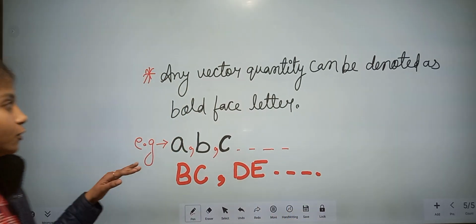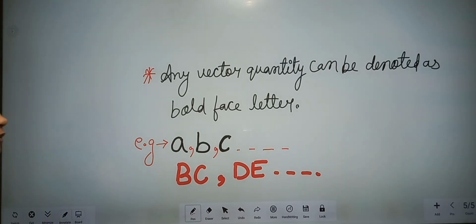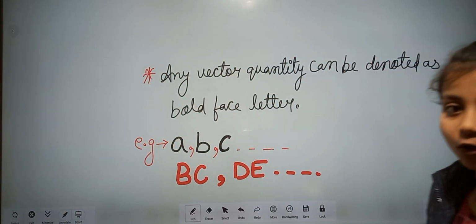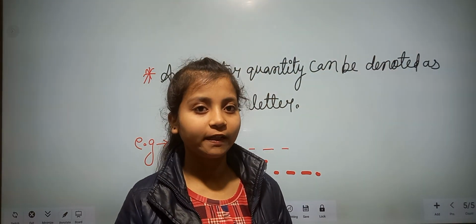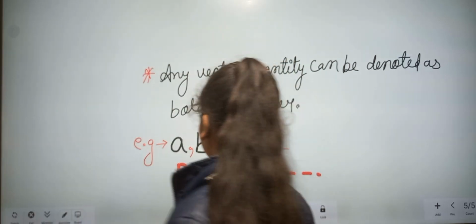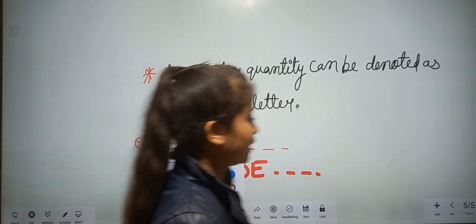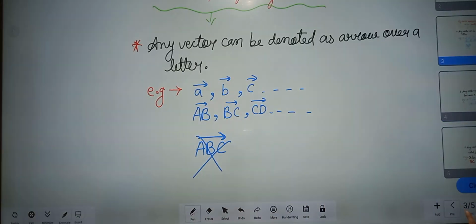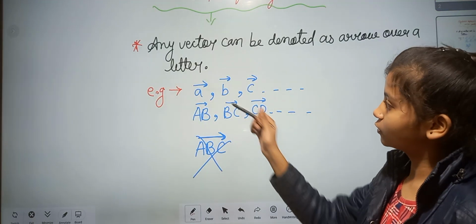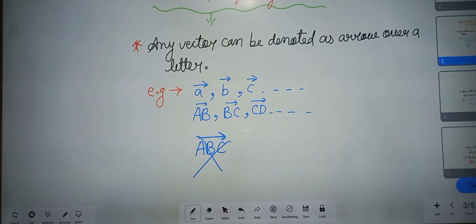So with the help of a bold face letter, we can denote a vector quantity. With a bar over a letter, we can also denote a vector quantity. And also with the help of an arrow. I hope you understand all the algebraic representations of a vector quantity.